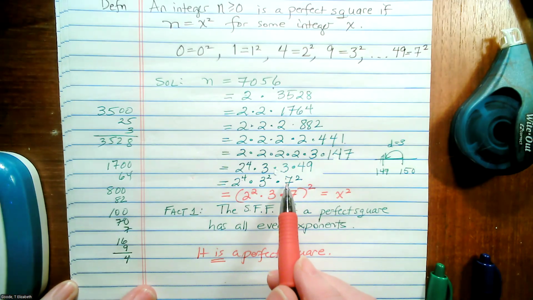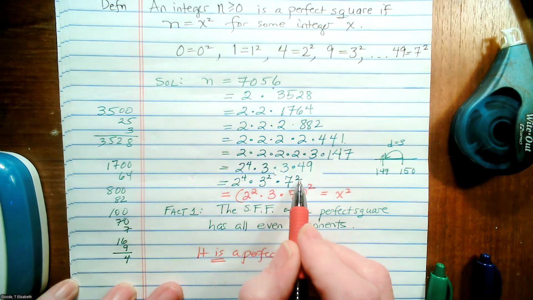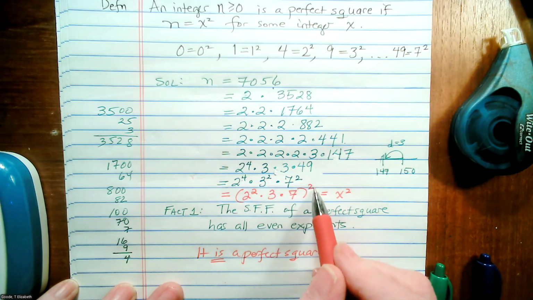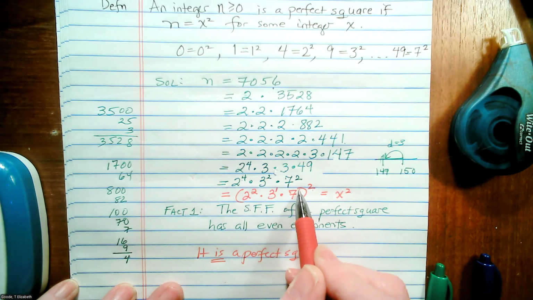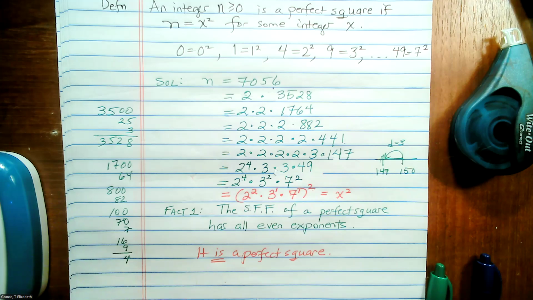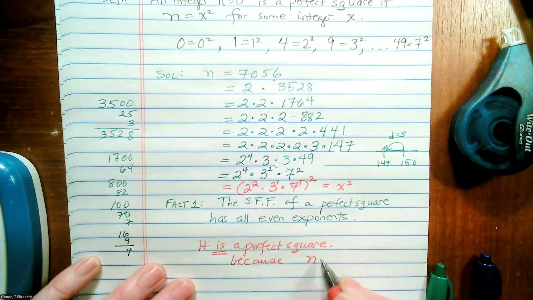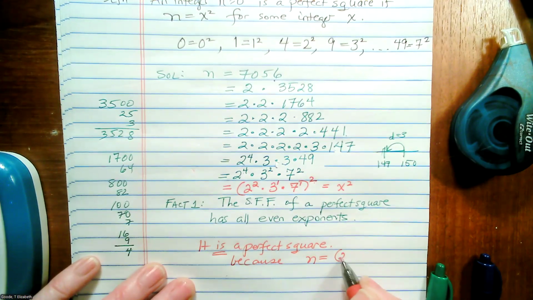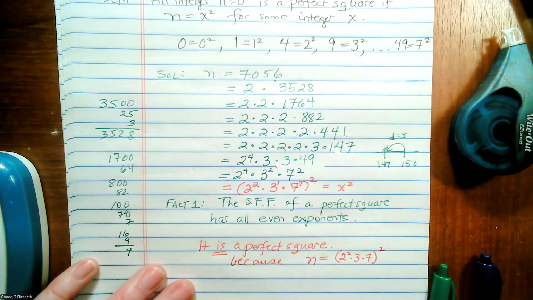It's only 2 that is even. But if the exponents are even, you can pull a 2 out of them using laws of exponents, and that's your x. That shows it's a perfect square, because n is equal to 2 squared times 3 times 7 quantity squared.